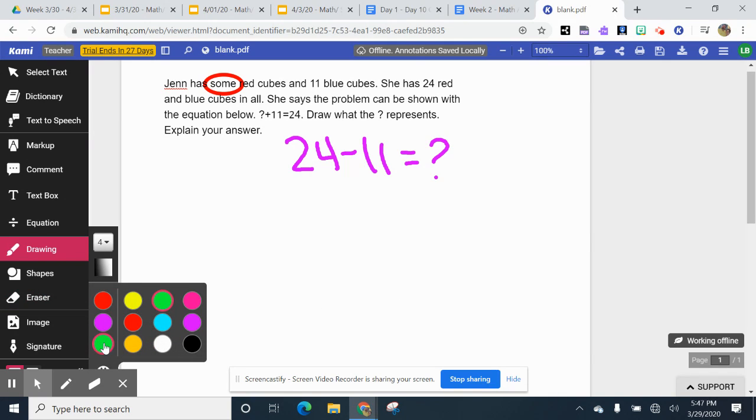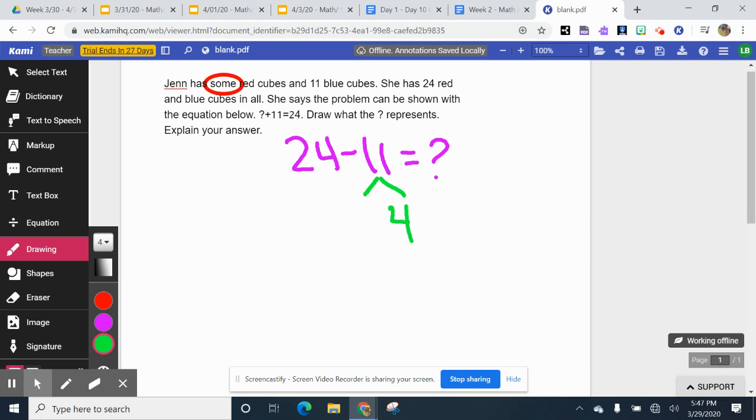Going back to the green, we can separate that 11 into what plus 4. If you remember, that would be 7. 7 plus 4 equals 11. We're just decomposing that 11 to make one of those numbers friendly. We can take 24 minus 4, making that a friendly number.